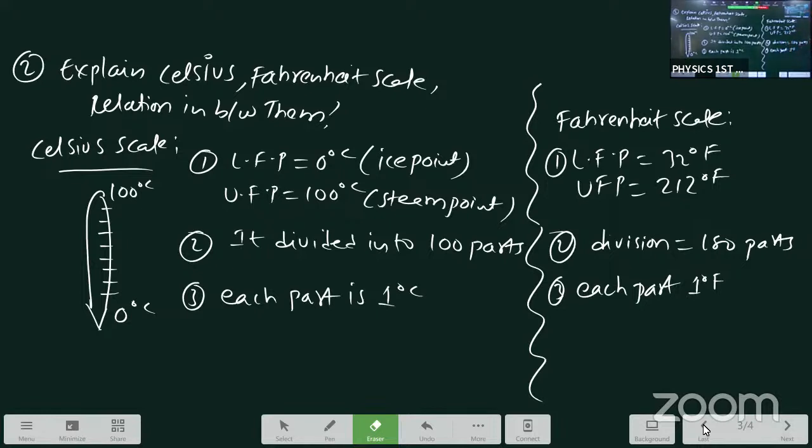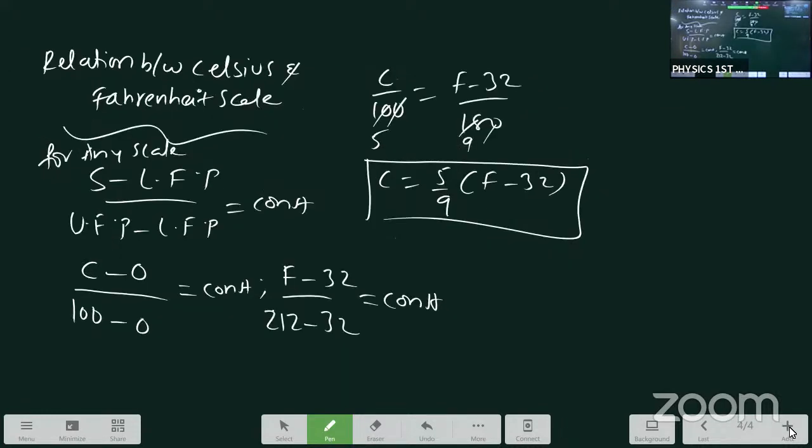Fahrenheit scale: LFP 32 degree Fahrenheit, UFP 212 degree Fahrenheit. Divisions are 180, each part equals 1 degree Fahrenheit. Relation: for any scale, (S minus LFP) by (UFP minus LFP) equals a constant.